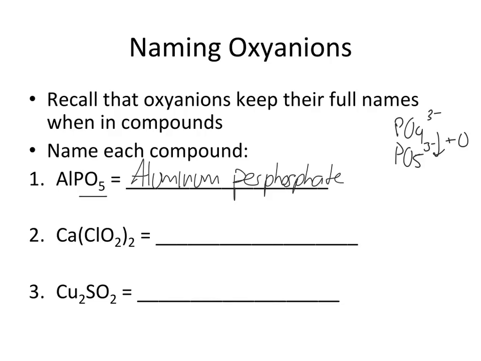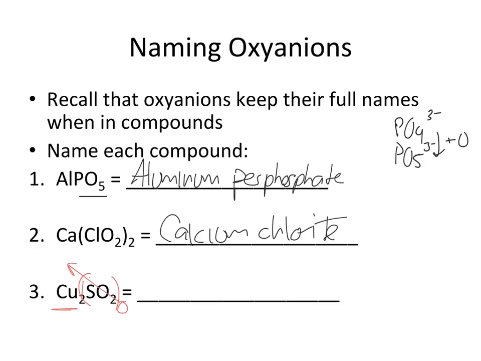Okay? Same thing here. We saw this one before, ClO2, and the charge is minus, and we recognize that as chlorite. So in this case, it's going to be calcium chlorite. And finally, we recognize the SO2 2- was called hyposulfite. Remember, in order to figure out what this is, it's a multivalent metal, so we have to figure out what the charge is outside of this bracket.